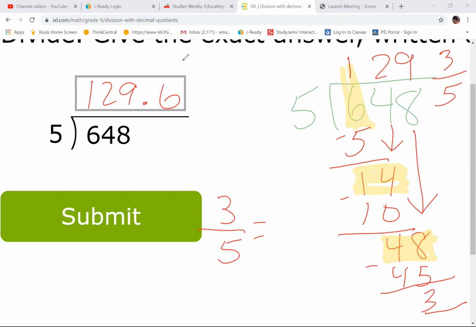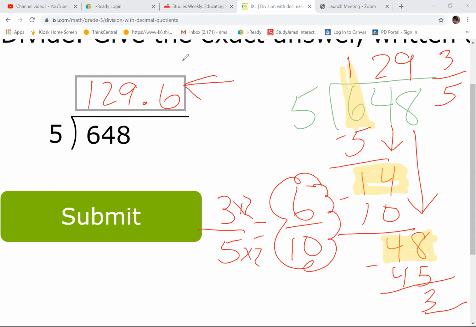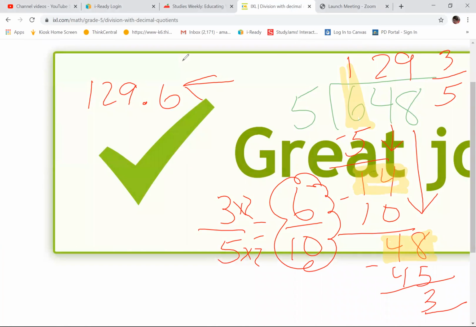How could I turn 3/5 into tenths? Do you remember this? 5 times 2 and 3 times 2. 6/10. So that's where we got that 6/10. It's exactly the same as 3/5. They're equivalent fractions. Let me put my answer in, 129 and 6/10. And great job.